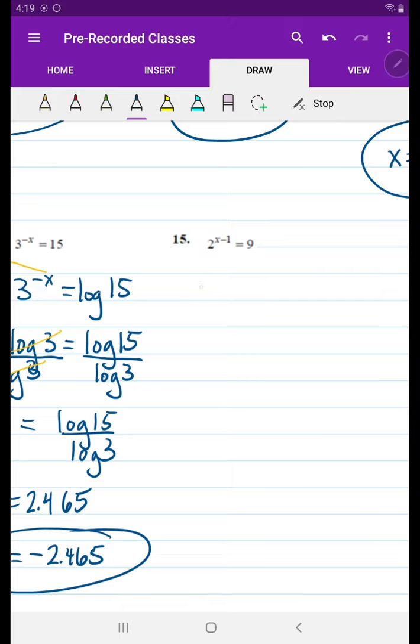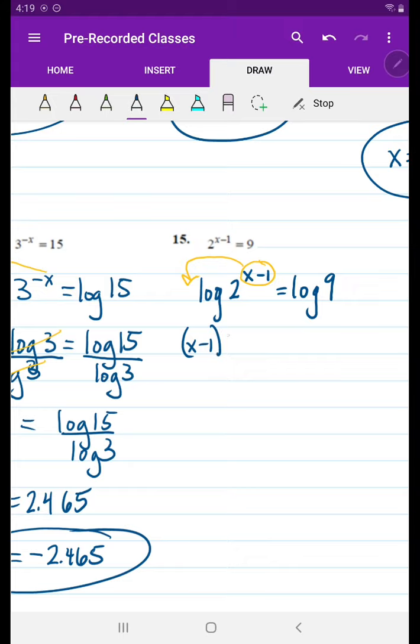All right, so 15, the last one, same deal. We'll take the log of both sides. So I'll have log 2 raised to the x minus 1 equals log 9. Okay, and so we've got a little bit more going on with this exponent, but that's still okay. It can still become our coefficient and go in front right there. So I'll have x minus 1, and just because there's more to it than a simple x, I'll keep that in parentheses.